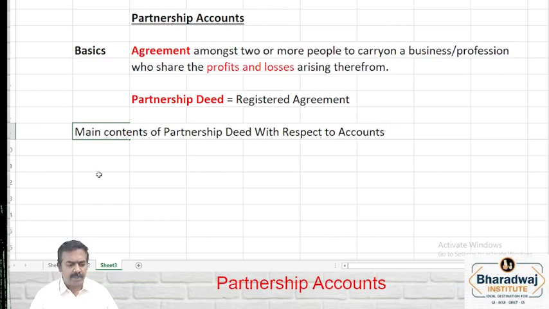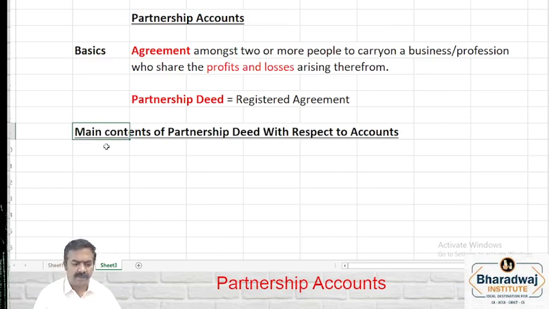With respect to preparation of accounts, what should be there as contents of the partnership deed? There are so many matters like name of the firm, type of business, name of the partners, address of the firm, purpose for which the money can be invested, who is a working partner. Those are for legal purposes. With respect to accounts, what should be the content?